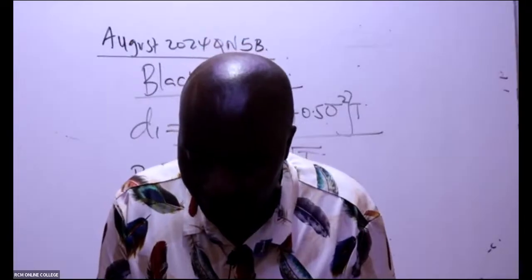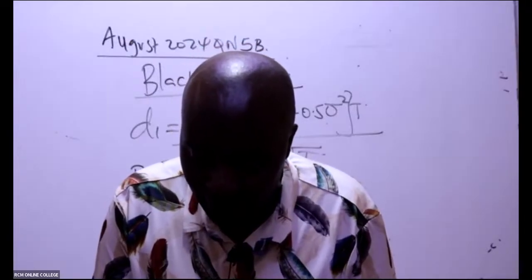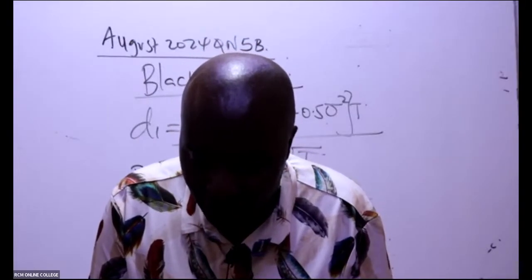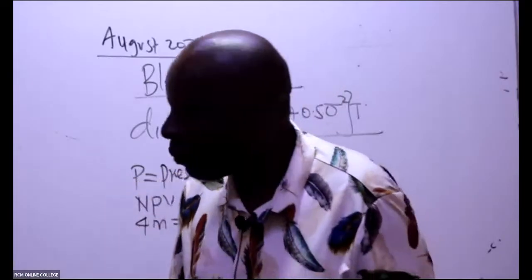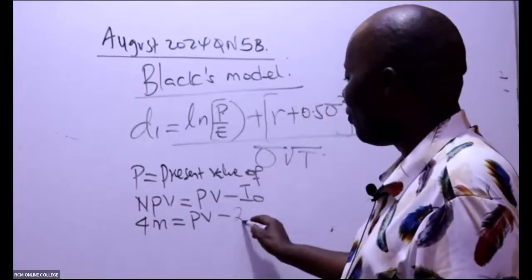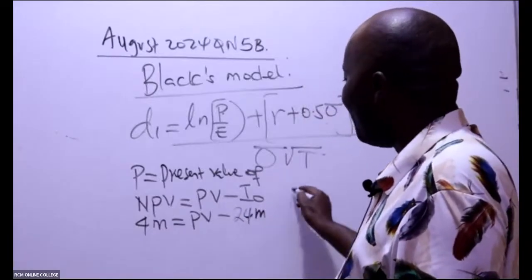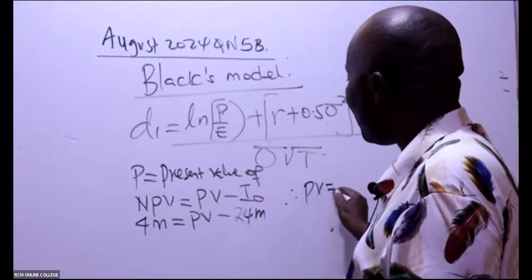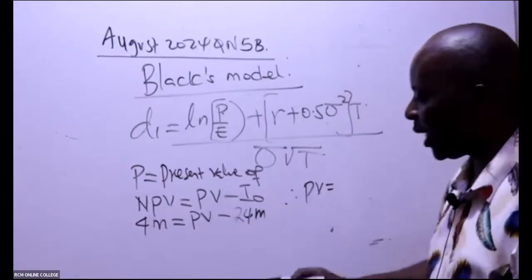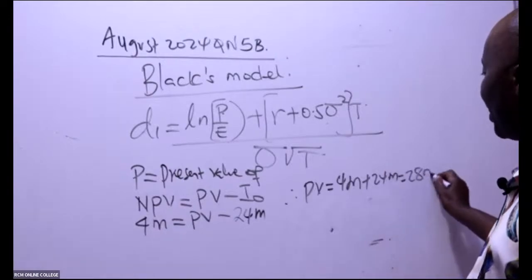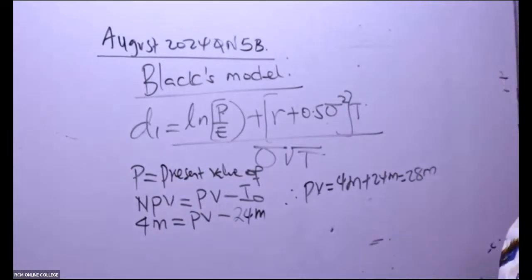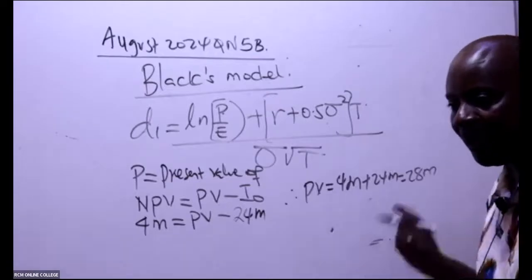It's given there that it has an option to acquire land in Moa Green's estate at an agreed price of 24 million. Meaning our PV, taking this to the other side, will be 4 million plus 24 million, which gives us 28 million. PV will be 28 million.